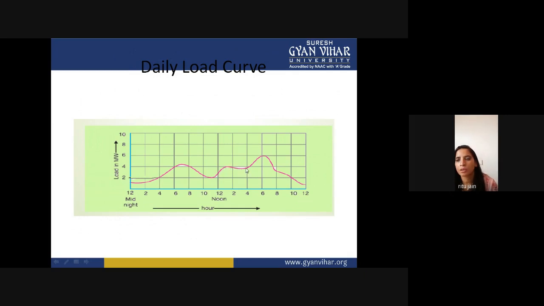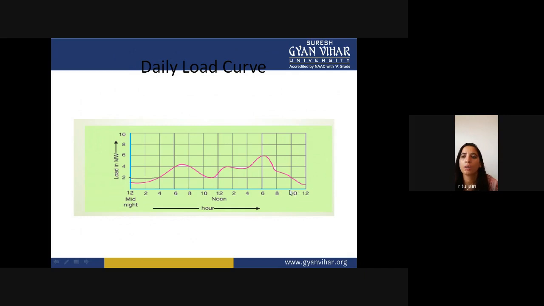After that, it is almost constant, and again at 6 p.m. it reaches peak. Again, after 10 p.m. in the night, it is reducing and becomes almost constant for 2 or 3 hours.